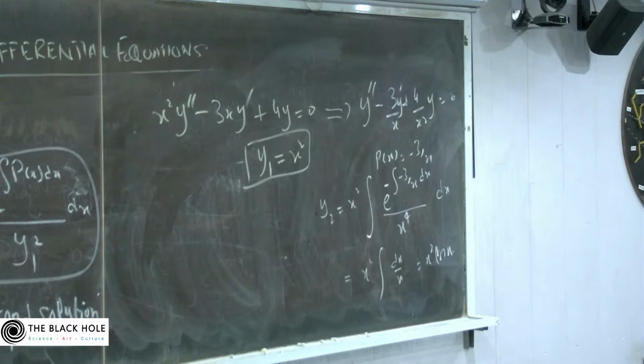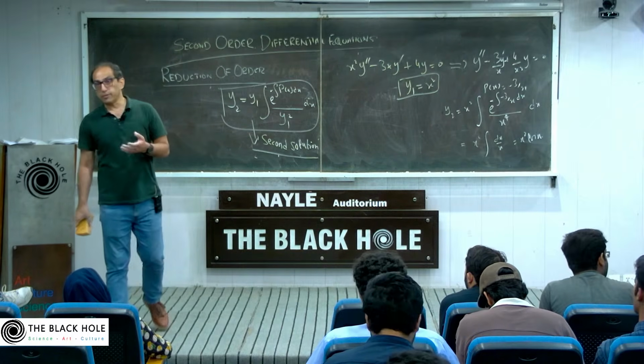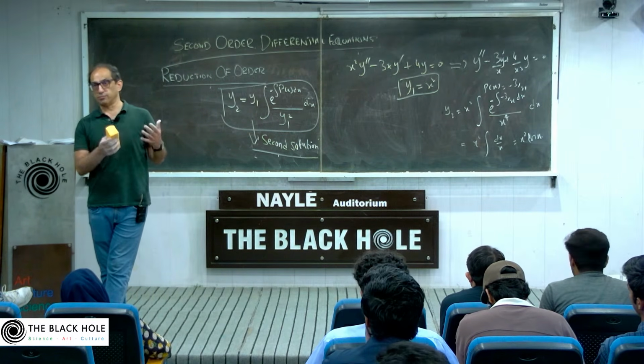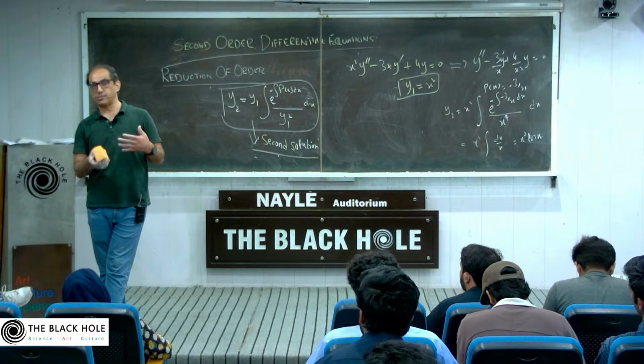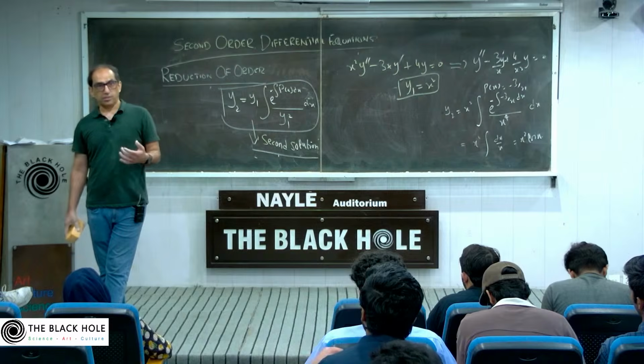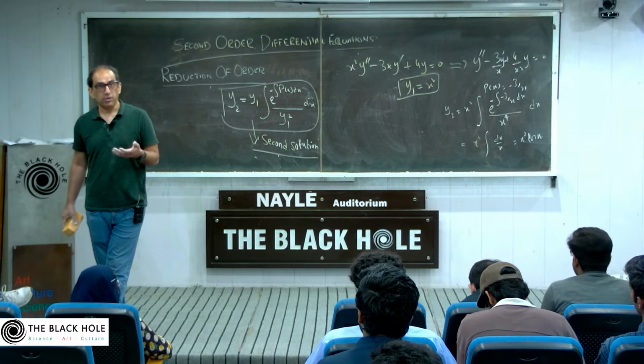All right, so now we go on and talk about, although in the most general form we write down the coefficients as functions of x, what if those coefficients are constants?